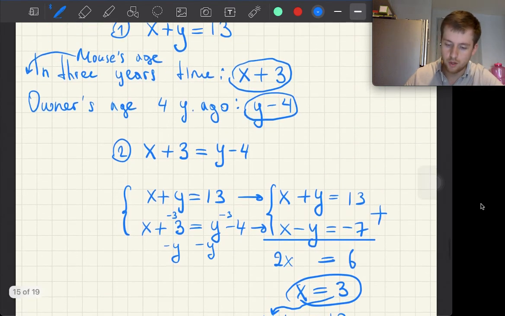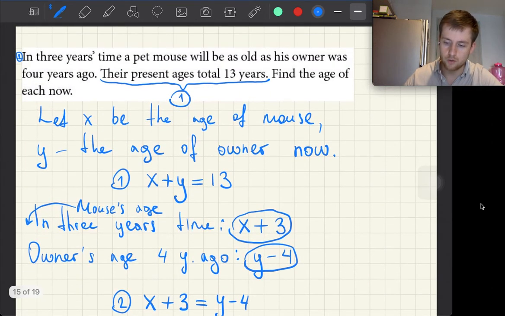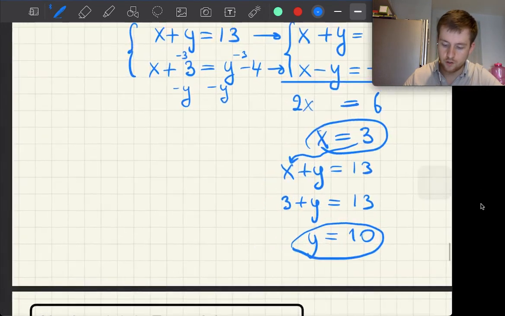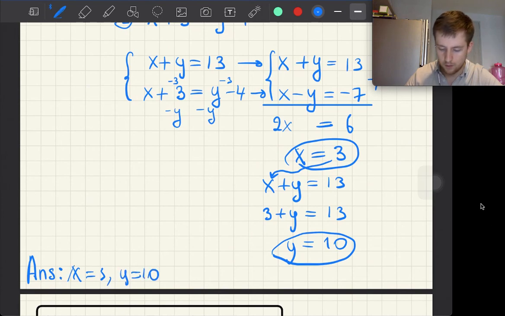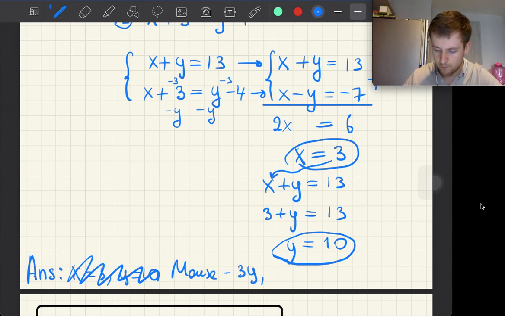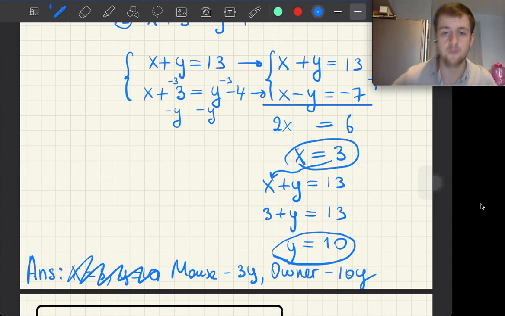So x equals 3, y is equal to 10. Again, remember the question is to find the age of the mouse and the age of the owner. So the answer should not be just x equals 3, y equals 10. In this case, the answer should be: the mouse is 3 years old, the owner is 10 years old.